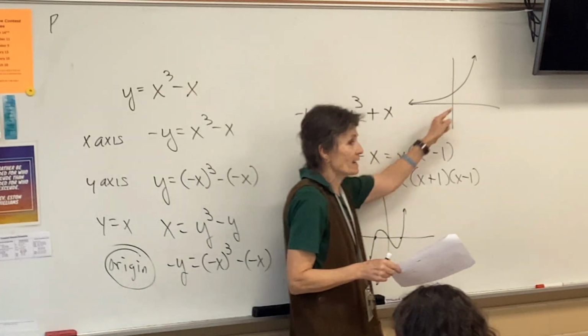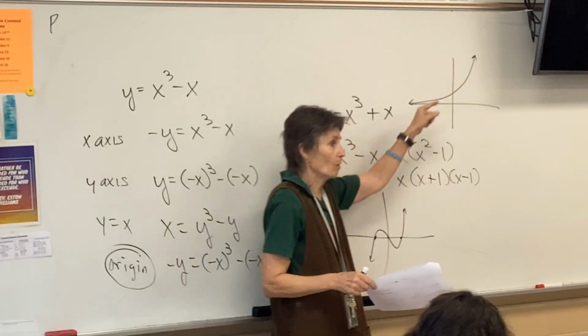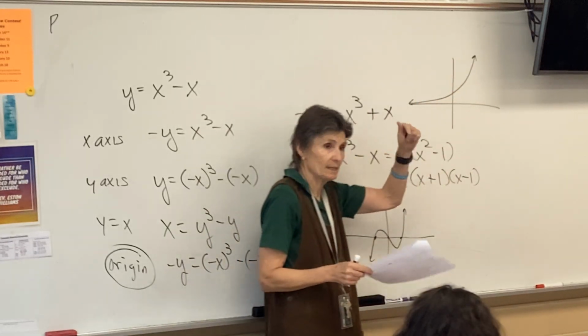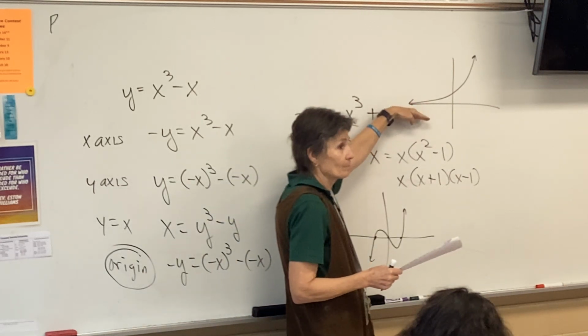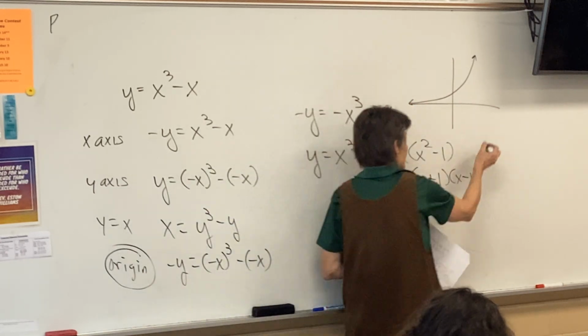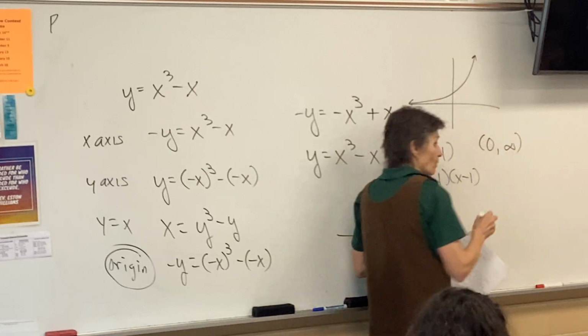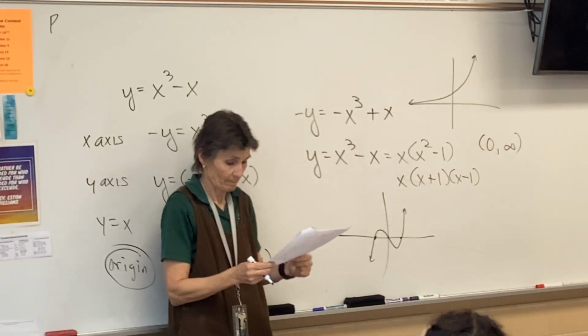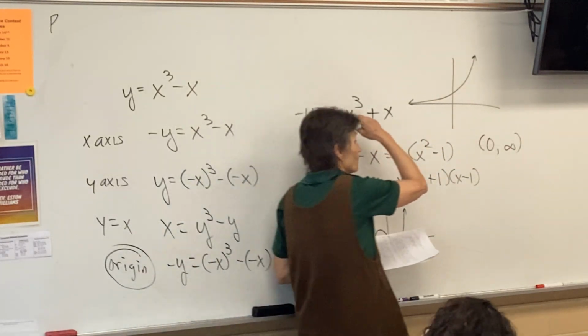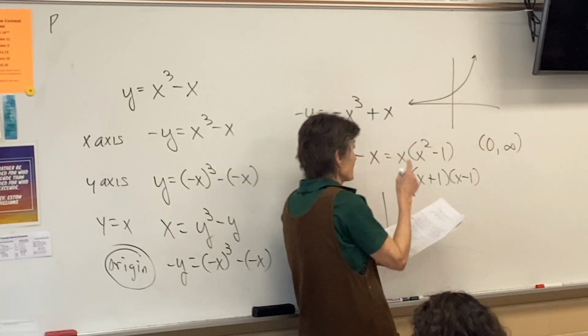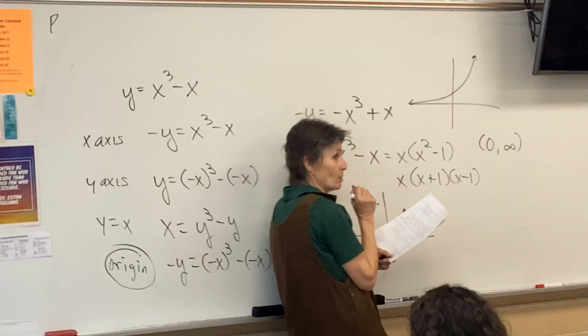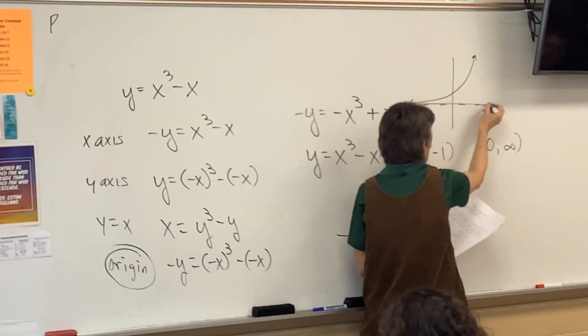What is the domain of that curve? All of those, negative infinity to infinity. What is the range of that curve? 0 to infinity, greater than 0? Is that curve continuous? Yeah. Does that curve have any asymptotes? Y equals 0.